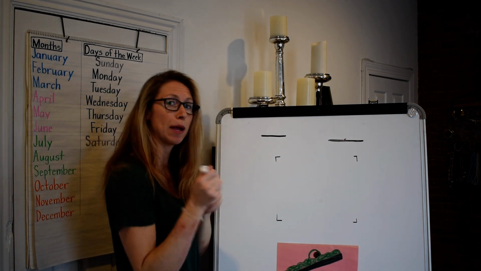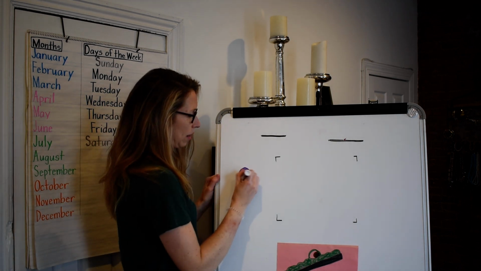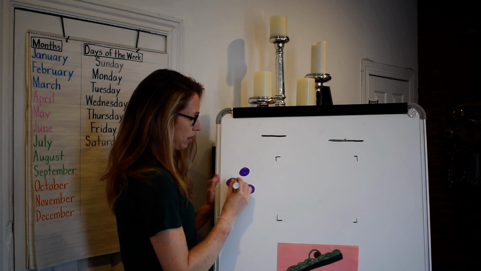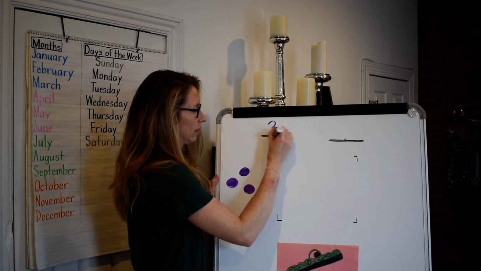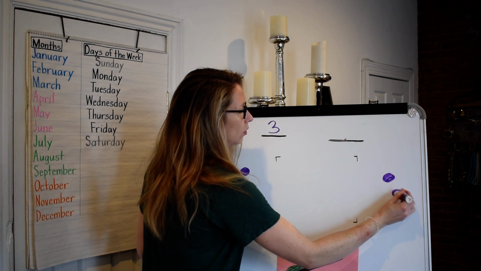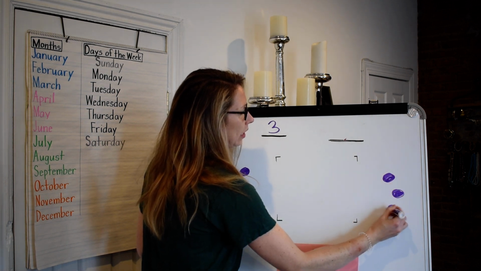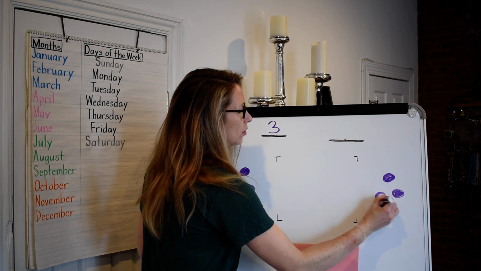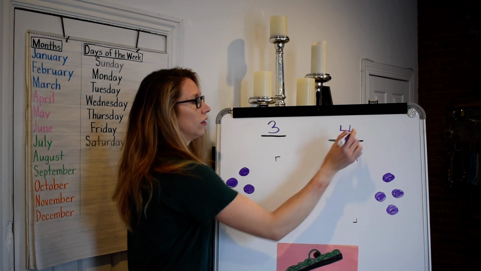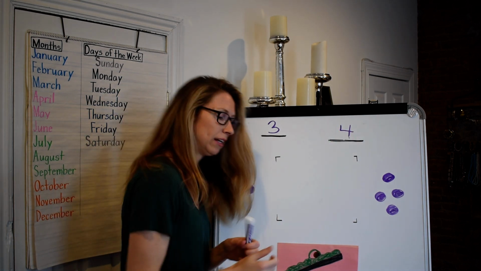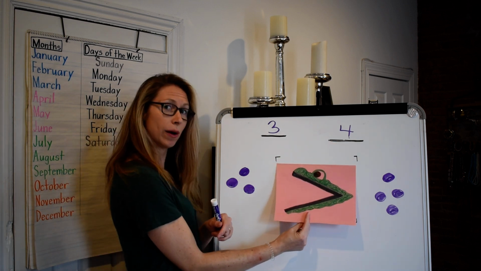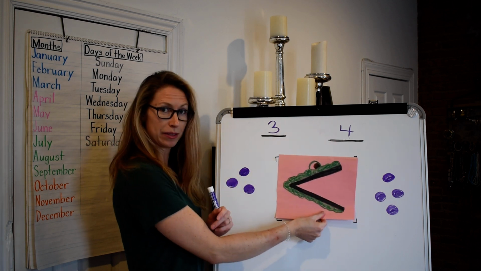Grapes. We've got some grapes. Let's say we've got 1, 2, 3 juicy purple grapes on this side. And we've got 1, 2, 3, 4 juicy grapes on this side. Which side does Al want to eat? Does he want to eat 3 grapes, or does he want to eat 4 grapes?